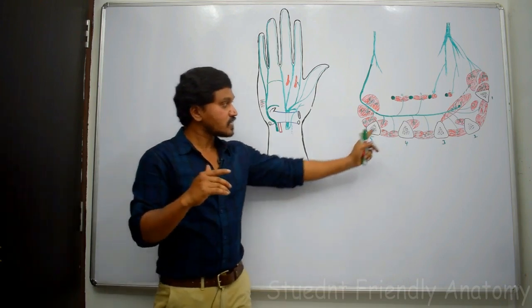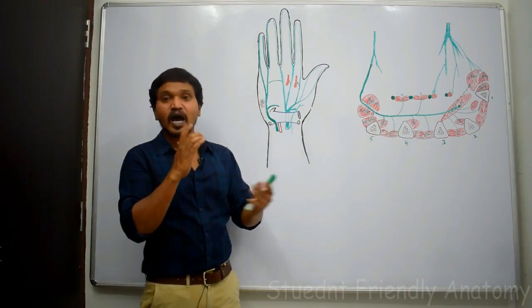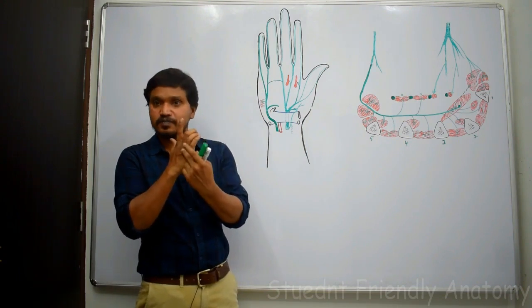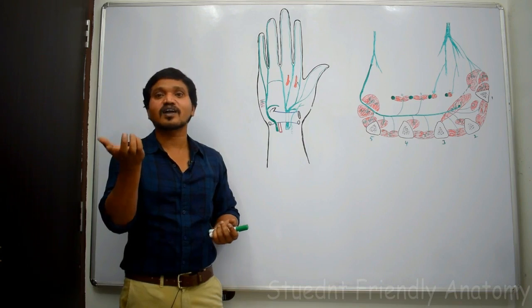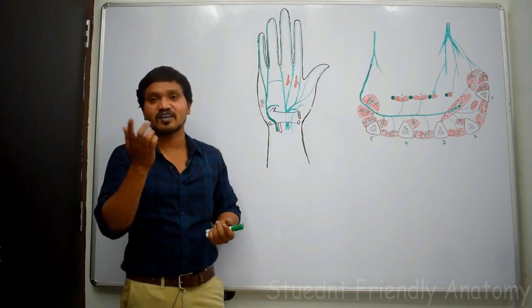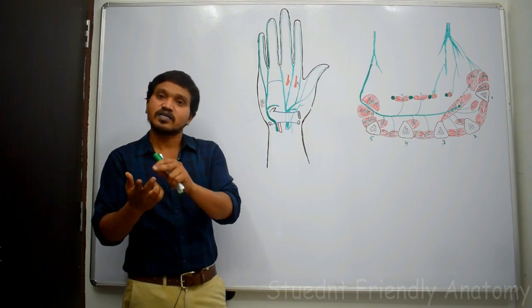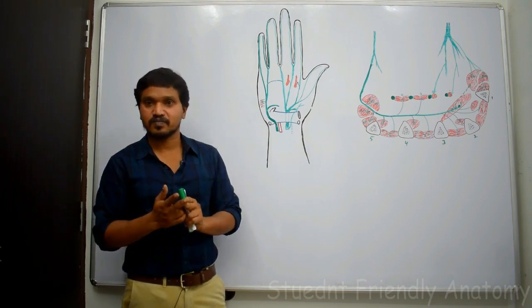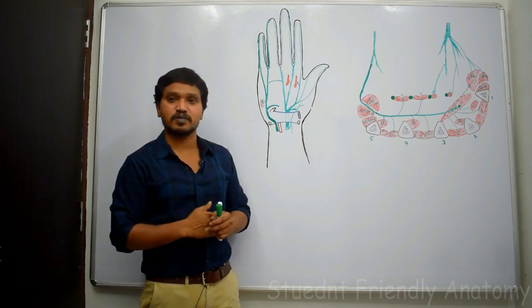If these muscles are paralyzed, the action is opposite: hyperextension at the MCP and flexion at the interphalangeal joints. This deformity is called claw hand deformity, ulnar claw hand deformity. The little finger and ring finger are affected more than the index finger and middle finger.